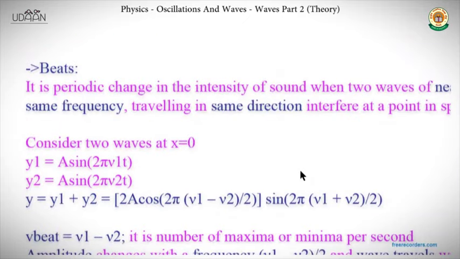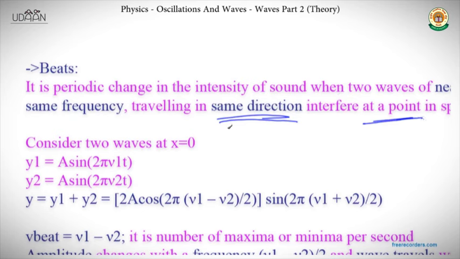Till now what we have seen is interference of waves with the same frequency. But beats are slightly different. There are two waves with nearly the same frequency traveling in the same direction. This is the most important thing. They interfere at a point in space.